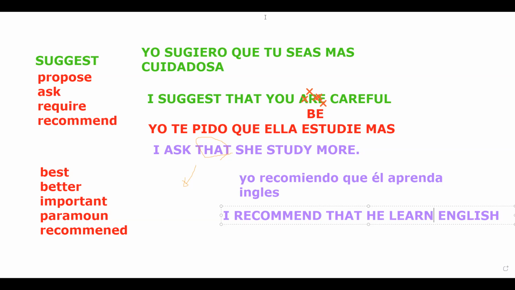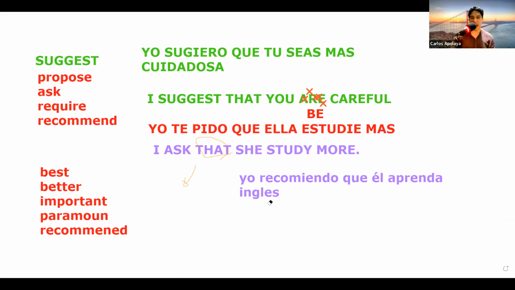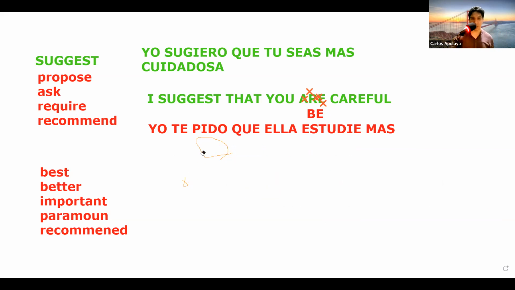But now, with some adjectives, we use the same grammar as with suggest, propose, ask, require, recommend. We use the same grammar with adjectives like best, better, important, and paramount.